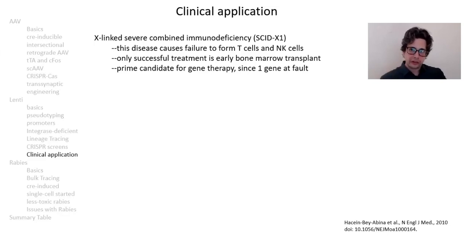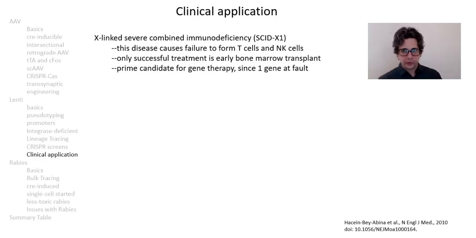Now, this is something that really drove a lot of how people think about using viruses in basic biology and its application into gene therapy. There's this disease called X-linked severe combined immunodeficiency, which means that with one gene mutation, you have no T cells and no NK cells. Your adaptive immune system is busted, meaning that you have to live in such a way that prevents any possible type of infection from bacteria, from fungus, from anything.